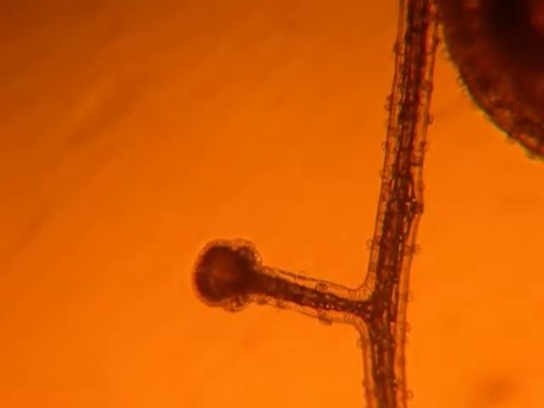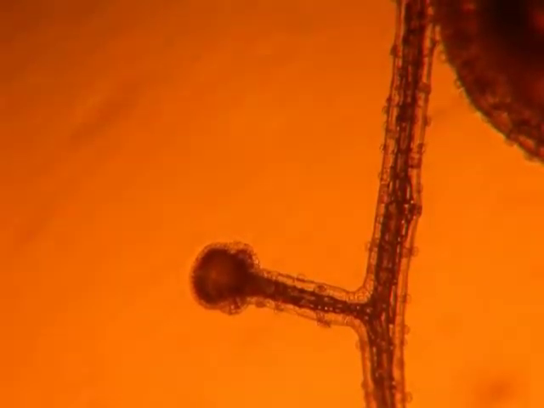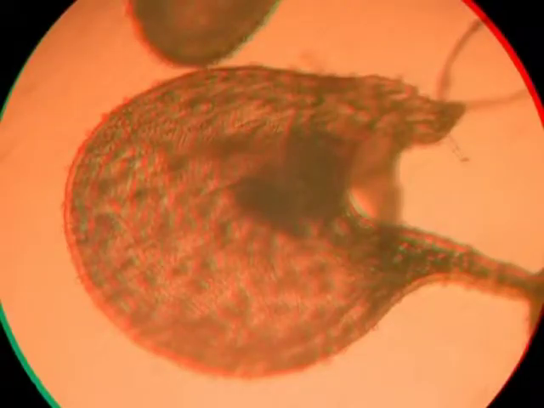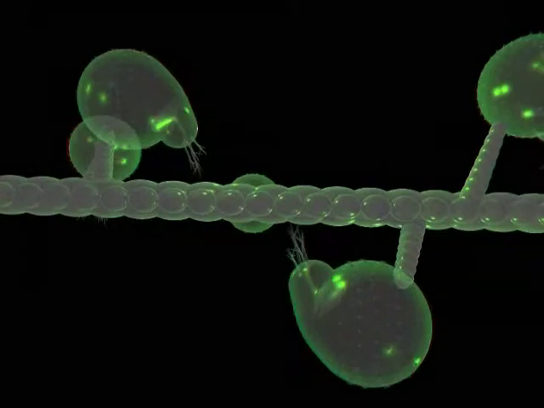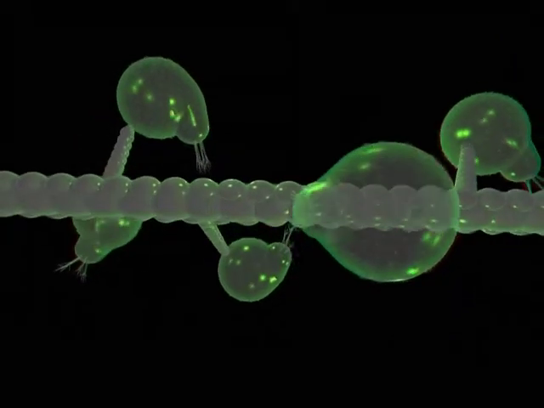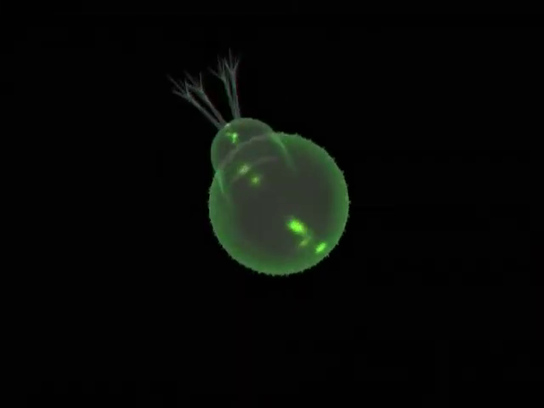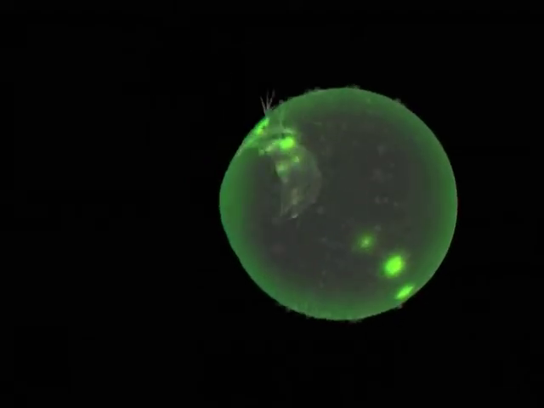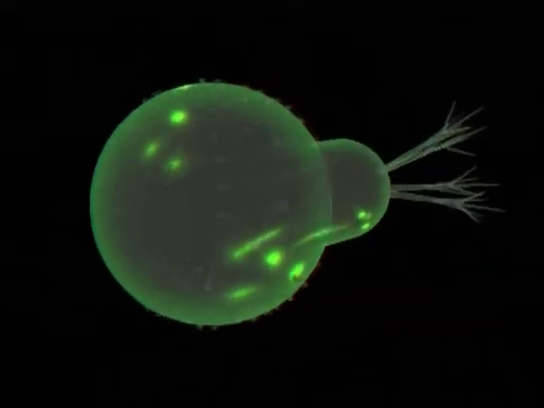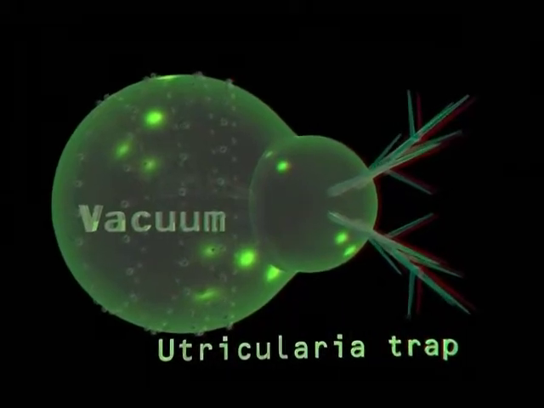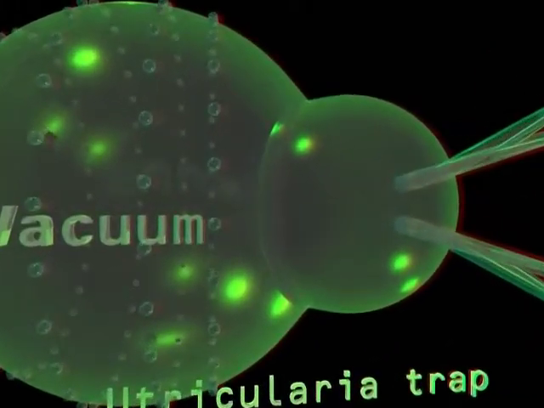Under the microscope, we can see Utricularia's minute traps. These are actually greatly modified hollow leaves. Each trap forms a vacuum inside, awaiting a curious insect. When an insect approaches, a trapdoor springs open, sucking in the insect.